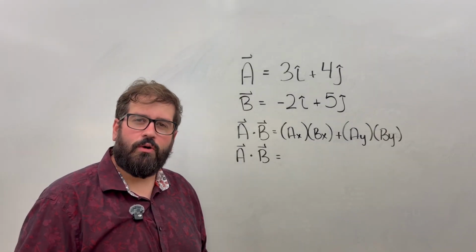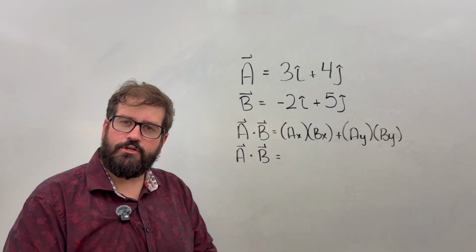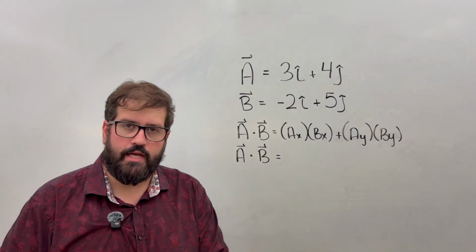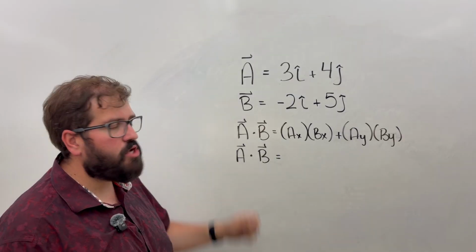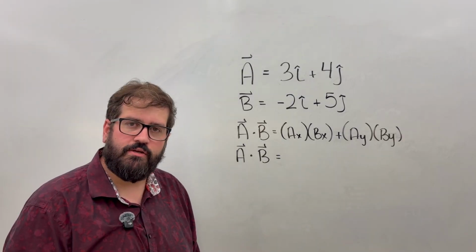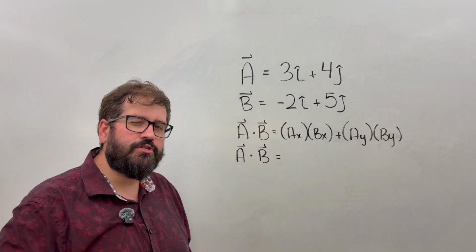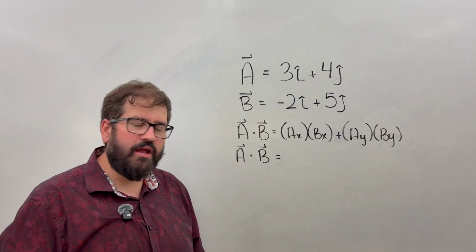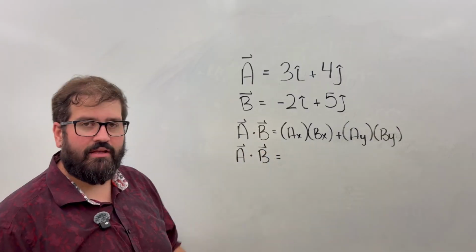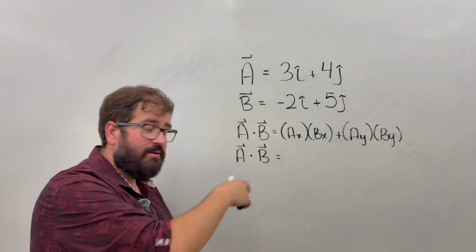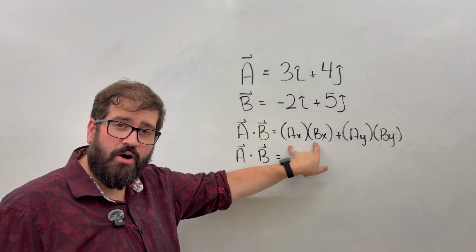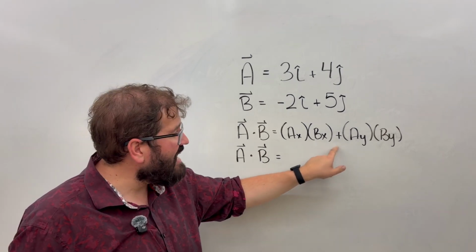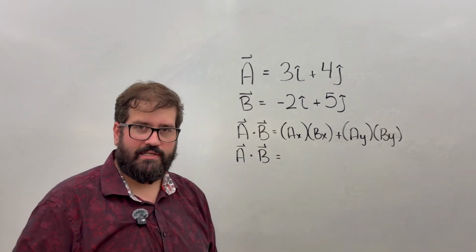The geometric form of the dot product is useful when we want to try to picture what the dot product looks like. However, physicists and engineers often work with unit vector notation. As a result, we want to be able to do the dot product when we have this notation. Algebraically, this works out to a dot b, or the dot product of vector a and b, equals their x components multiplied together, added to their y components multiplied together.